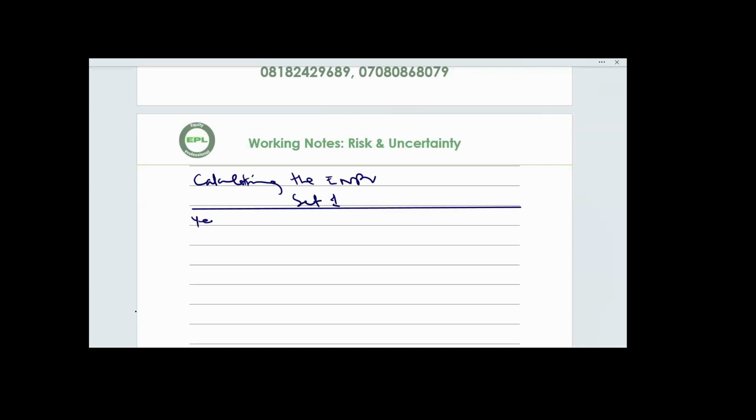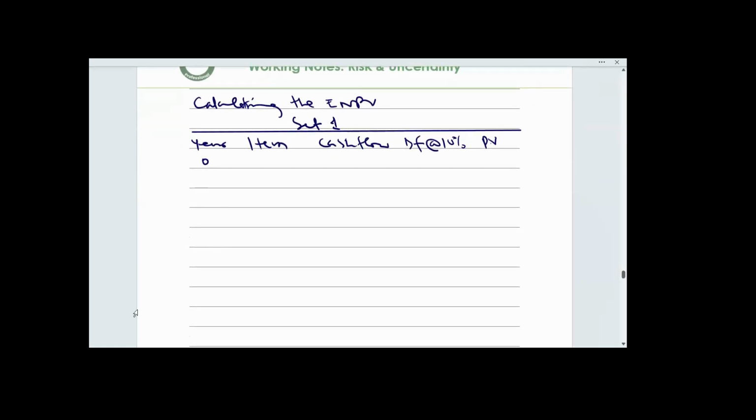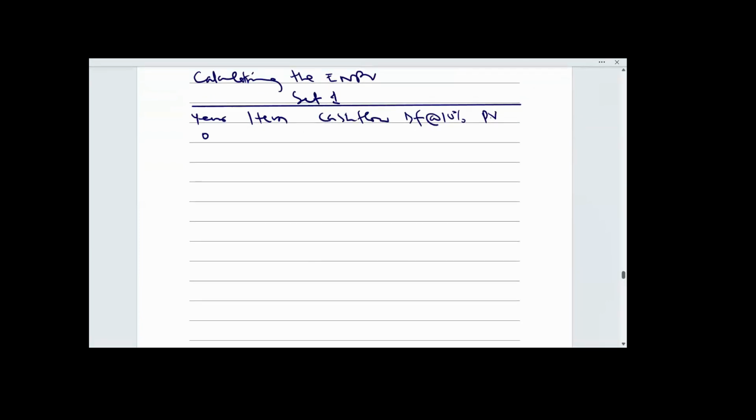So create a column for year, description of item, cash flow, discount factor. At what cost of capital given? 10%. So year 0. What's the useful life of the project? 5 years.